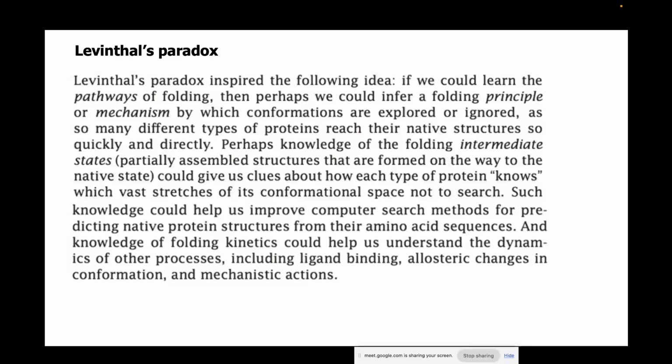And perhaps knowledge of the folding intermediate states helps, because in a lot of cases with large proteins, it can form intermediate states while folding, because it can't directly go to the final stage. It will form an intermediate state, and it will move from the intermediate state to the final state based on the energy differences, right?